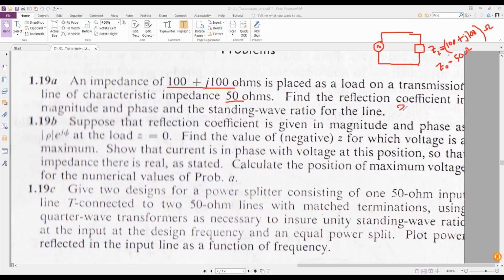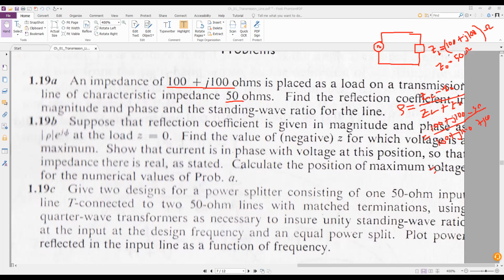So we can find rho equal to ZL minus Z naught divided by ZL plus Z naught. Put the values here: 100 plus J100 is the ZL, minus Z naught, the 50, and ZL 100 plus J100 plus 50.